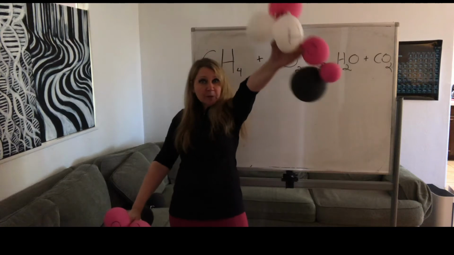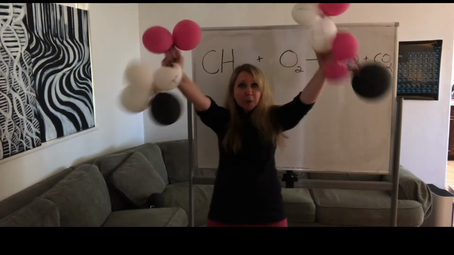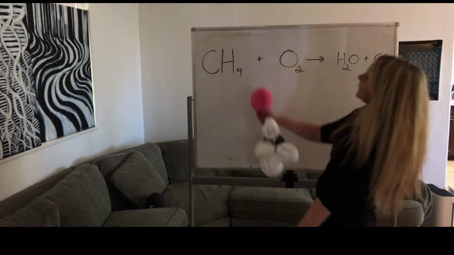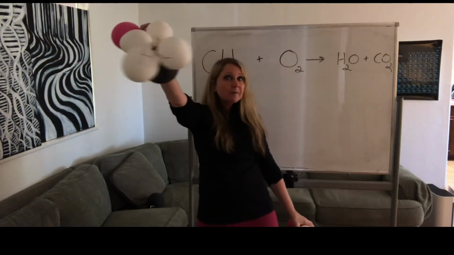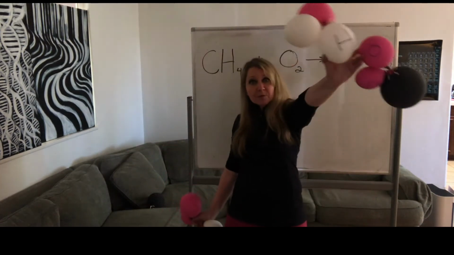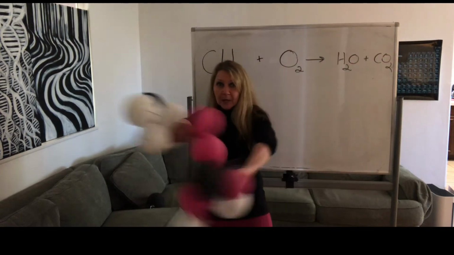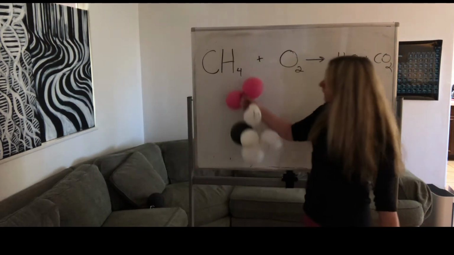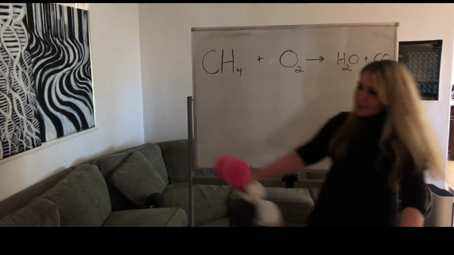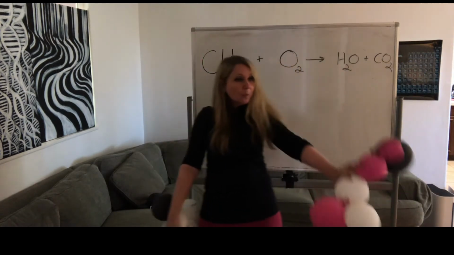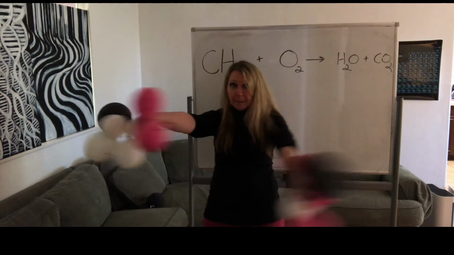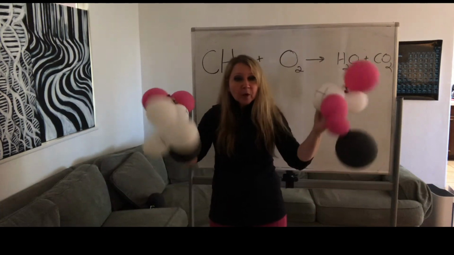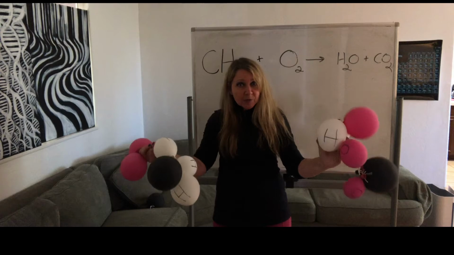We have one carbon over here. Balanced. Carbons are balanced. Hydrogens. We have 4 hydrogens on this side. We have 2 over here. Not balanced. Over here we have 2 oxygen, the pink balloons. Here we have 3 oxygen. Not balanced. So carbon's balanced, oxygen and hydrogen are not.